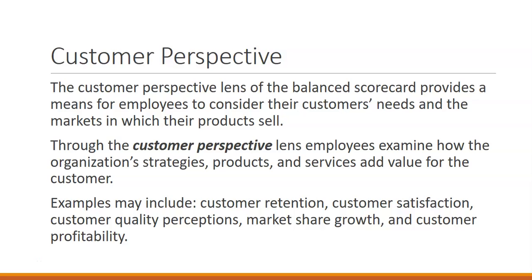The customer perspective is making sure that we're meeting our customers' needs. We are going to look at if our customers are happy, our customer retention, how many customers are using our loyalty or rewards program, whether customers filled out surveys saying they're happy, and whether we have increased or decreased our market share.